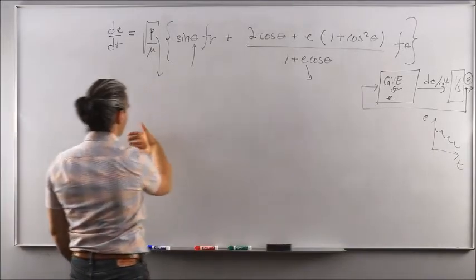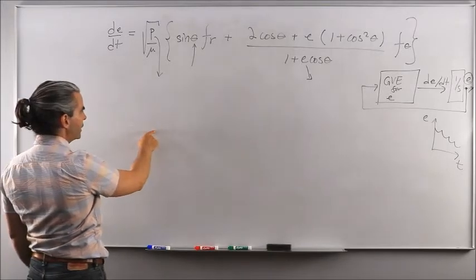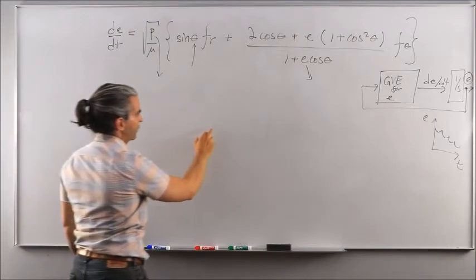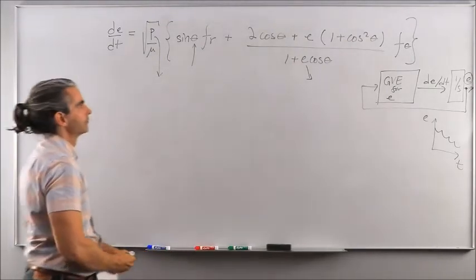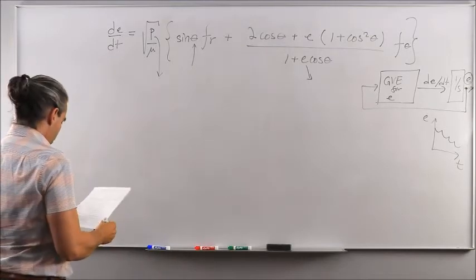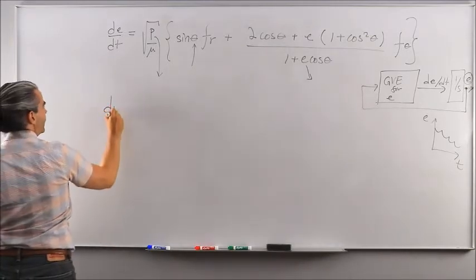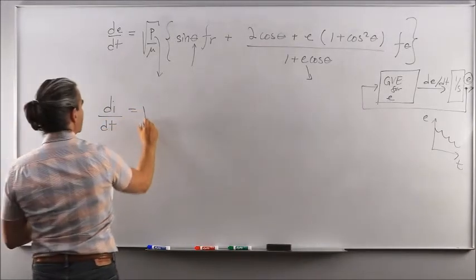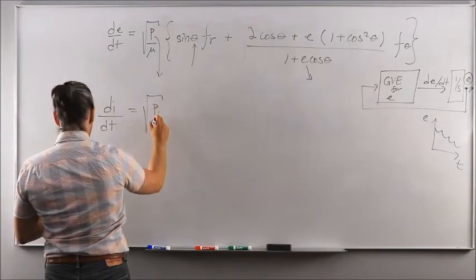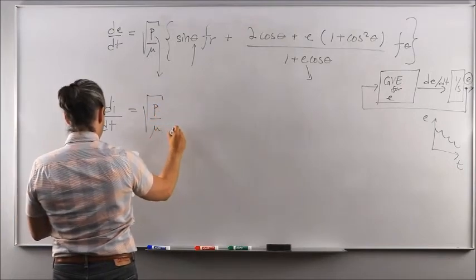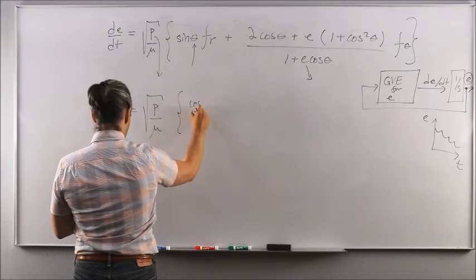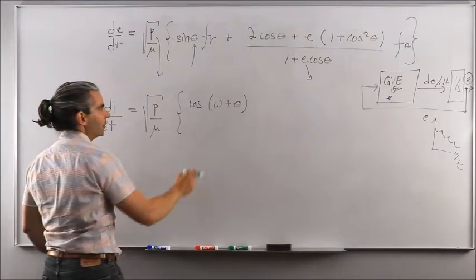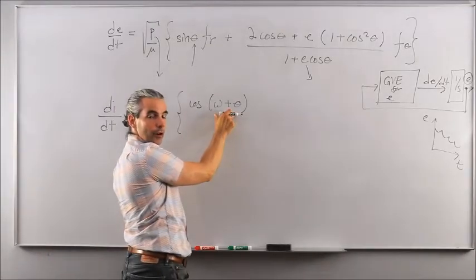Okay, and that was the same for, I shouldn't have erased it, but the same for the Gauss variational equation for semi-major axis, which was a function of the semi-major axis itself. Good. Now, the Gauss variational equation for inclination is given by the square root of P over mu times cos of argument of perigee plus true anomaly, which is also known as your argument of latitude.